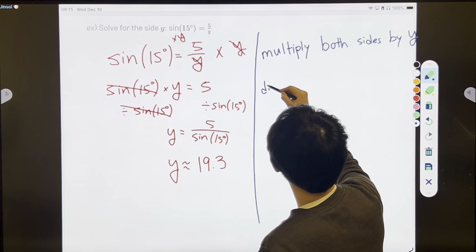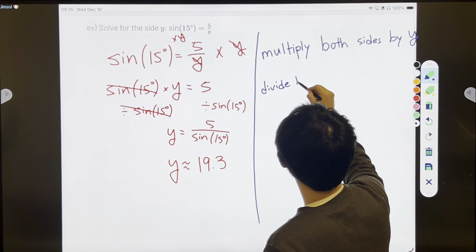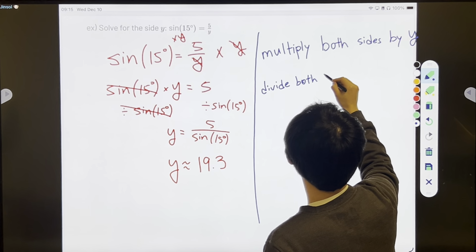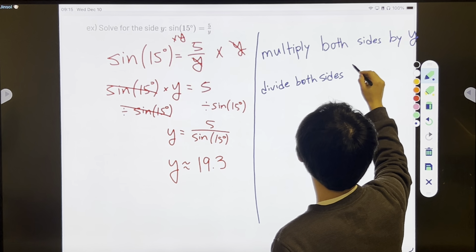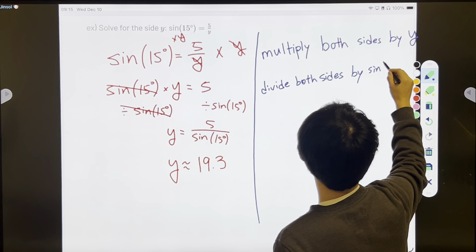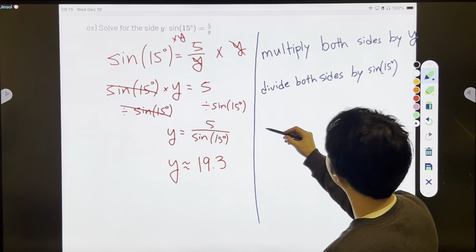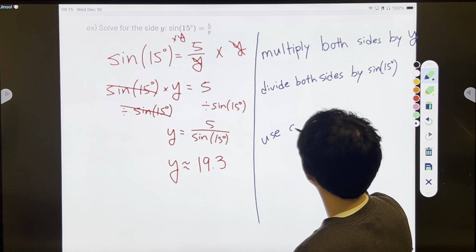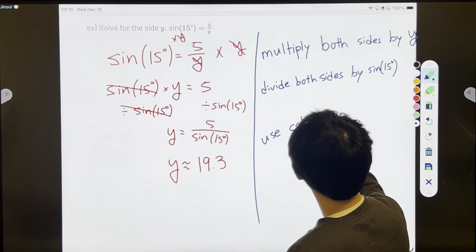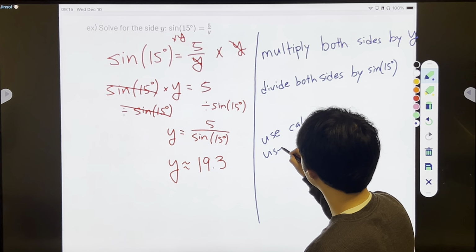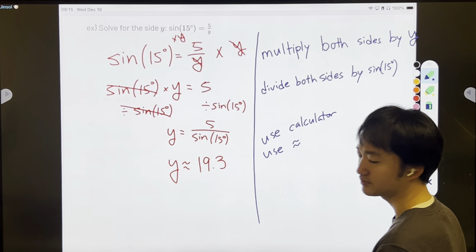And then divide both sides by sine of 15. And then use the calculator to compute 5 divided by sine of 15 degrees and use the scribbly line.